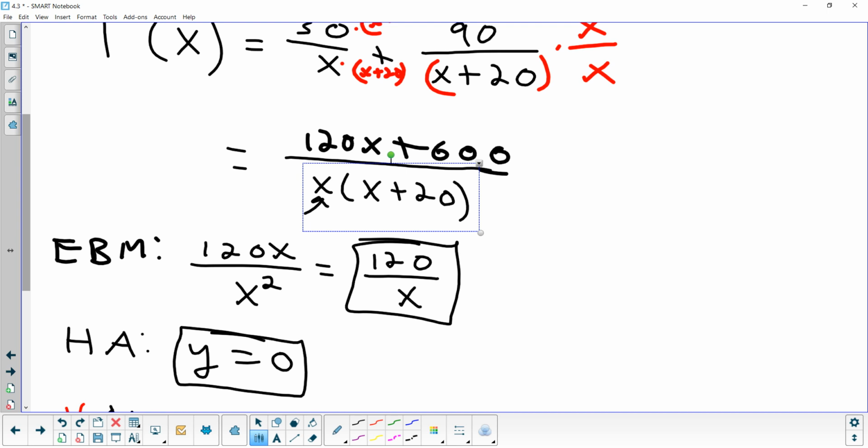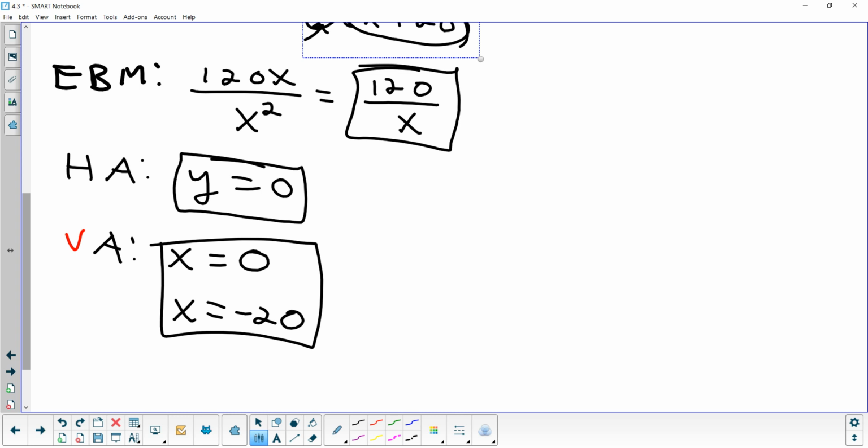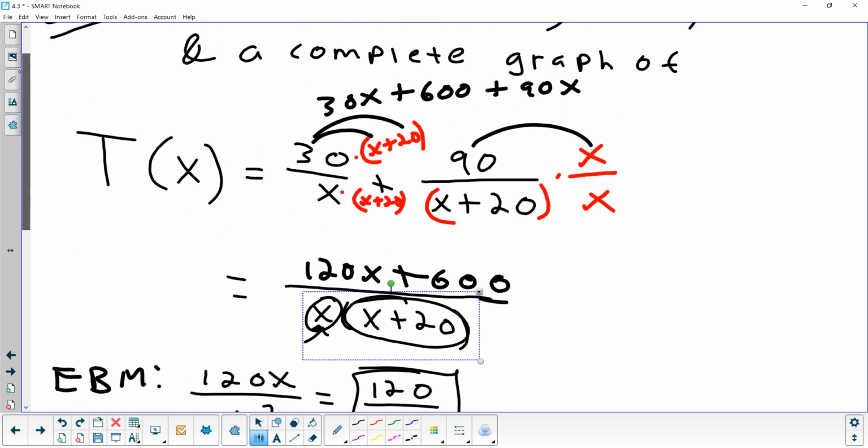It's easier than the other one you just did. Yeah. 0. What would you plug in here to make that factor 0? You would plug in 0. What would you plug in here to make that factor 0? Negative 20. So we have 2 vertical asymptotes. I'm not saying that they make sense, because x is the speed of the car. So what does negative 20 really mean? Nothing in terms of the word problem, but they asked us to find it.